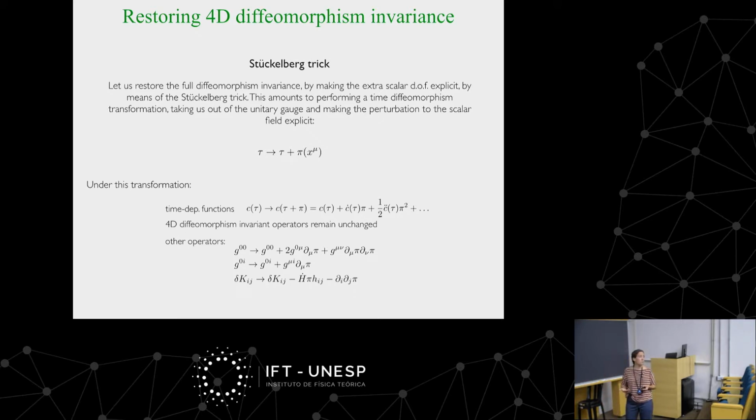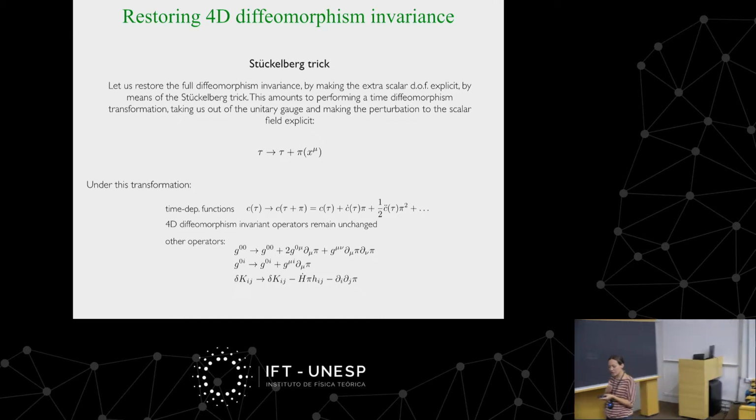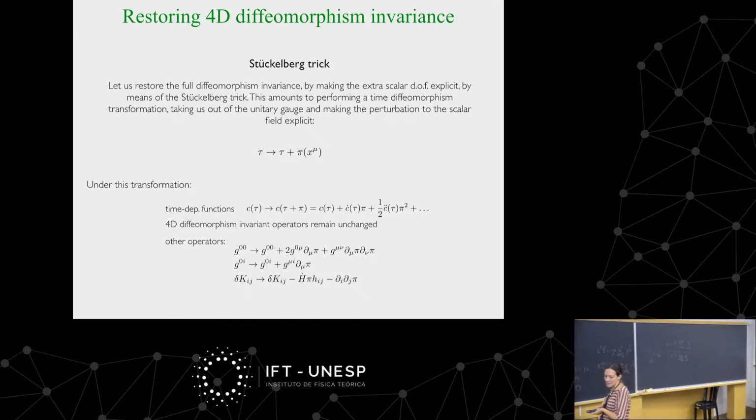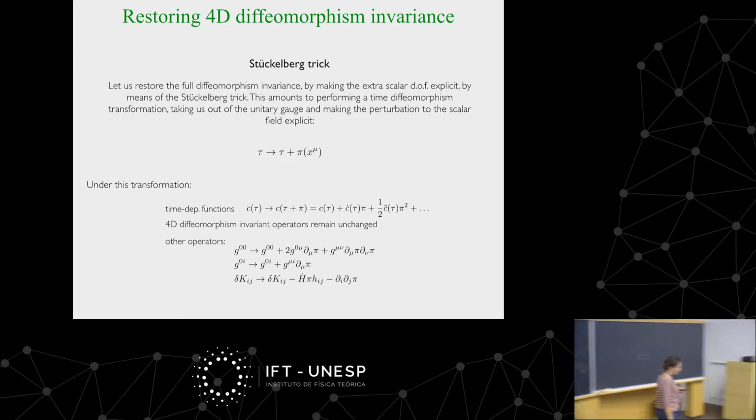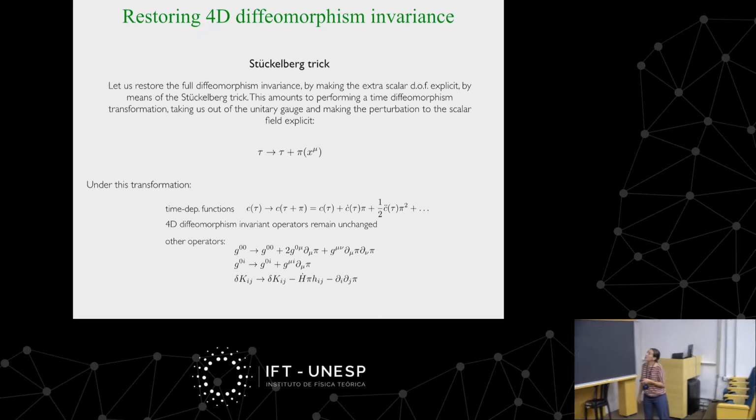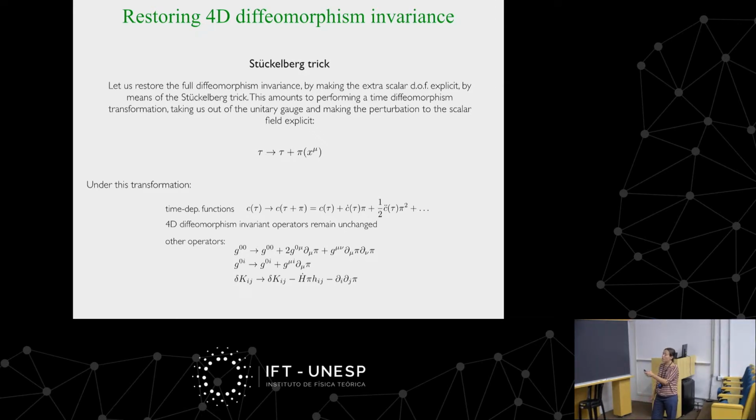It's just basically you undo your specific choice of foliation that you did with a time diffeomorphism. So you do an infinitesimal time diffeomorphism of this type, where you now make reappear the perturbation to your scalar field in this function pi.